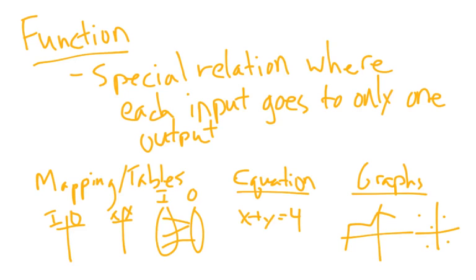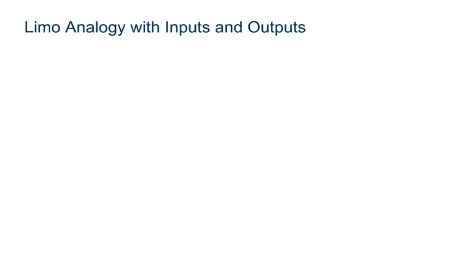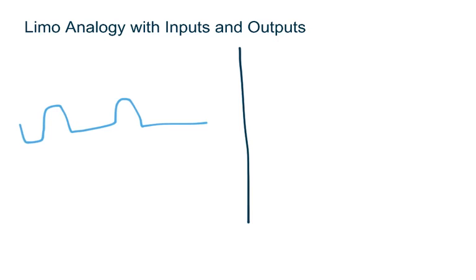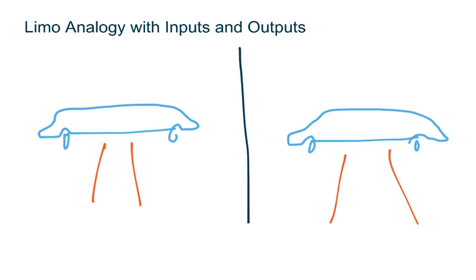But now I want to talk more about this whole input-output thing, because I don't know if you remember, we had an analogy. I made this limo analogy when we're talking about variables. I know, not the best limo. Let me try again. Okay, I drew them a little better this time. I talked about how with an award ceremony, there's a red carpet beforehand.